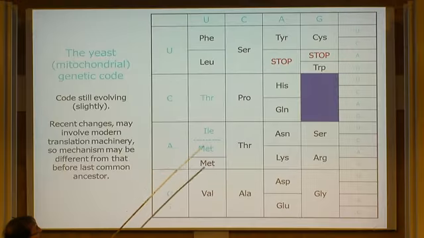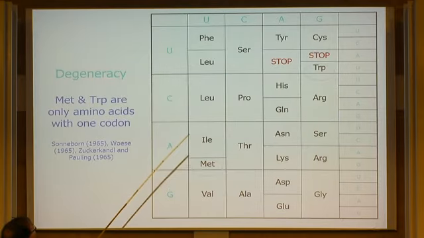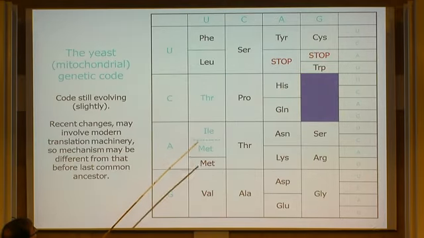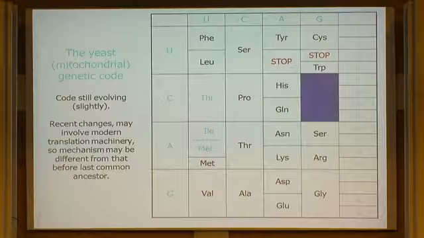If I just toggle back and forth, you can see it's basically the same, but with very slight differences. So this code has managed to evolve in the mitochondria. Now, not very important in mitochondria, because very few of the genes are actually important, because they mostly are parasitic on the nucleus. But it does show you that the code is capable of evolution.